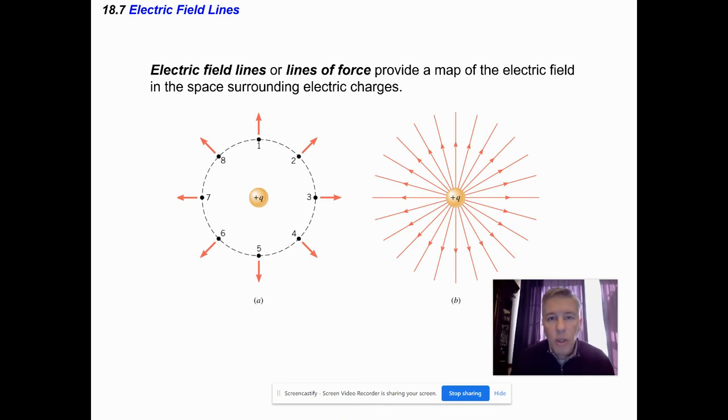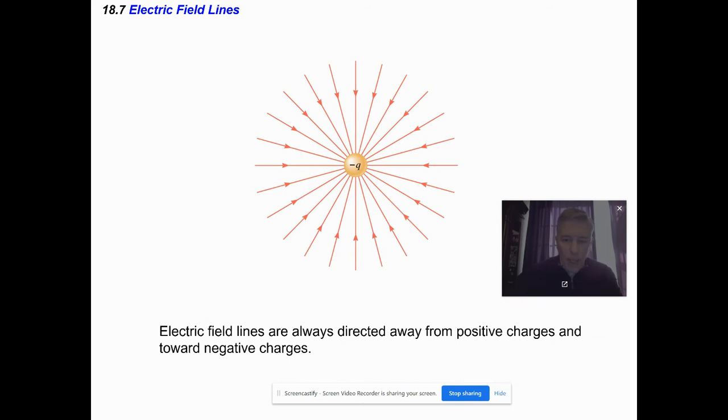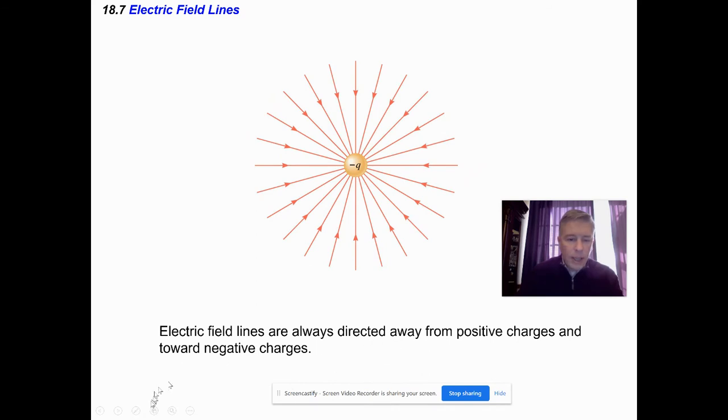And as scientists, we always define electric fields as the direction a positive charge would move in that region of space. And the more lines you draw means the stronger that charge is. So this is representing the electric field due to that little positive charge. They're always directed away from positive charges and toward negative charges. So this is a key idea here.